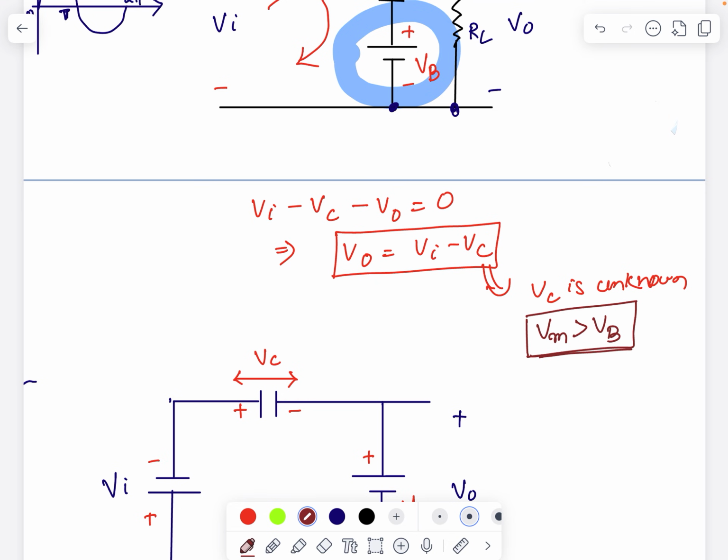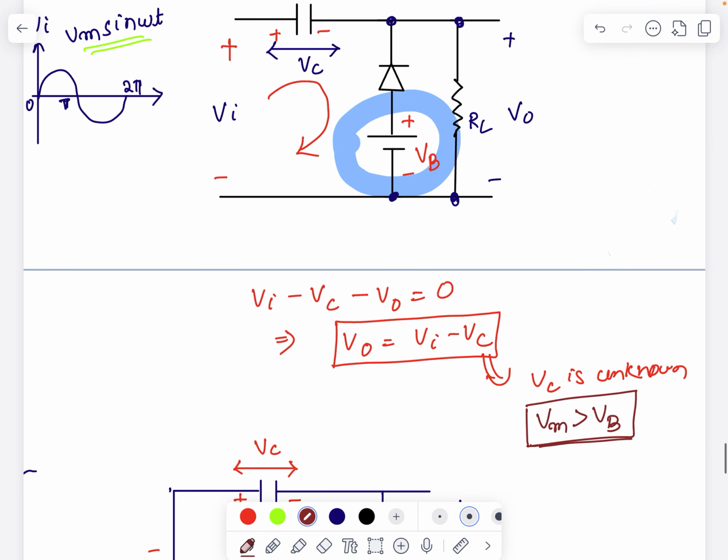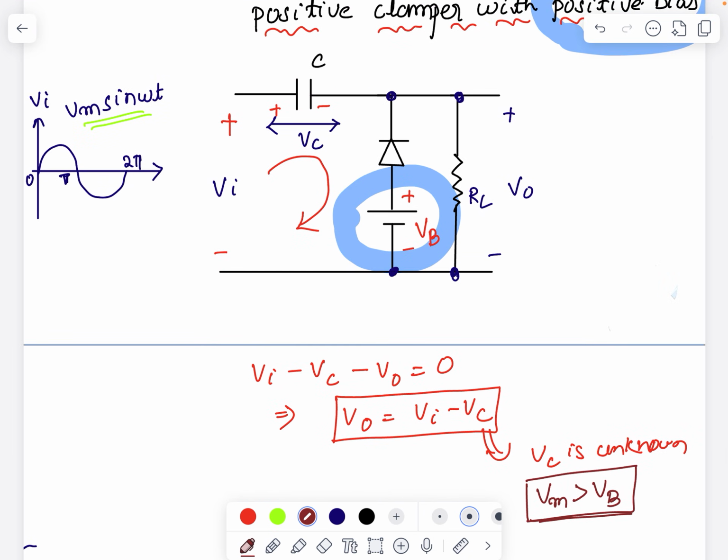Now you can see, as I told in the positive clamper case, when I'm providing a positive input voltage, the diode will be reverse biased, so the diode will be an open circuit and the capacitor will not charge.